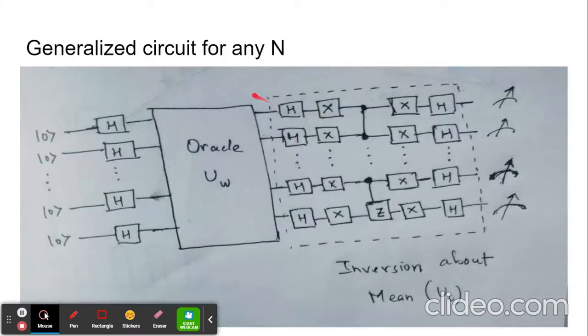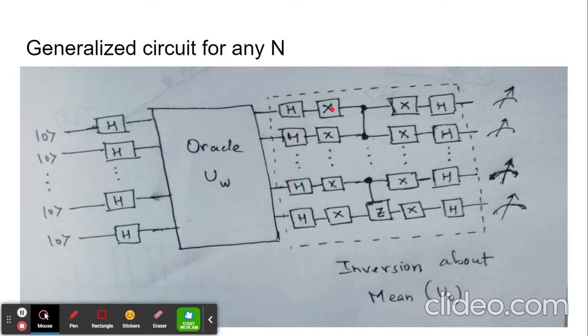You might have noticed that I have skipped the explanation of how we got this. To get this from first principles, you need to see what combination of gates would result in the inversion about mean operator, which is 2 ket S bra S minus I. But a hand-wave explanation can be: first apply Hadamard gates to come out of superposition.